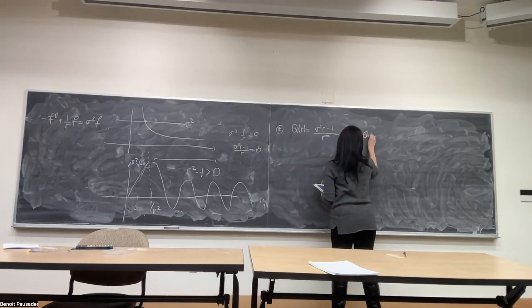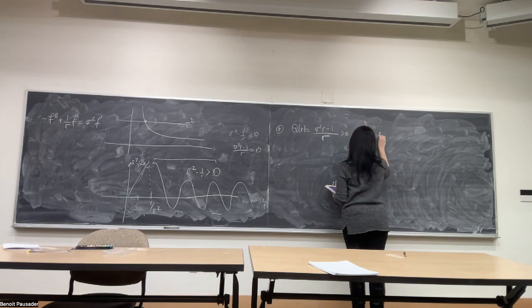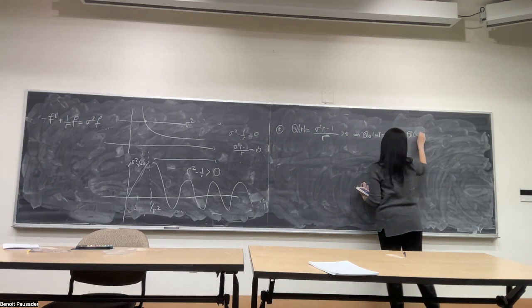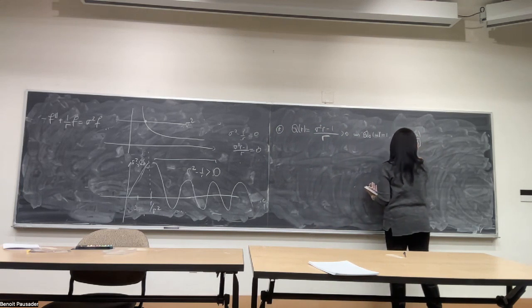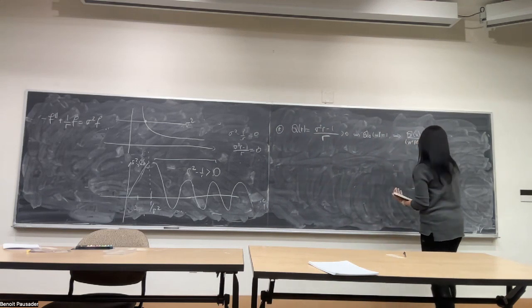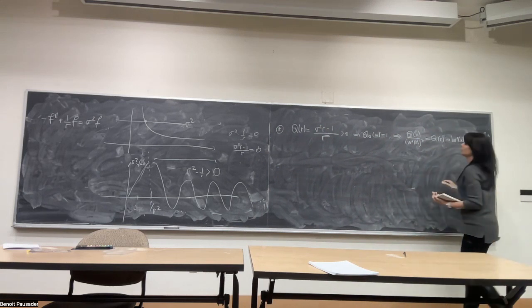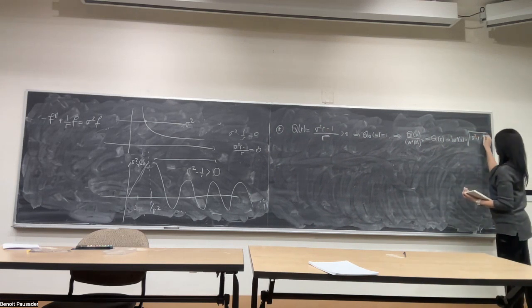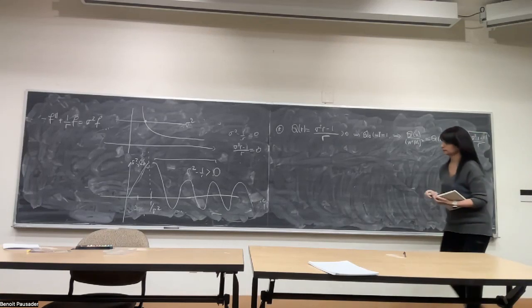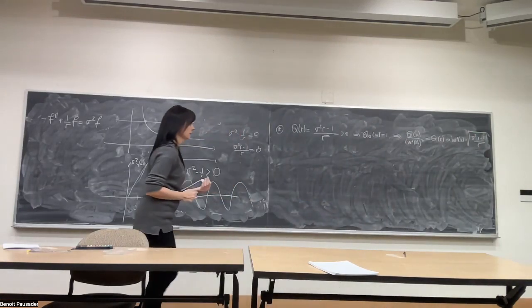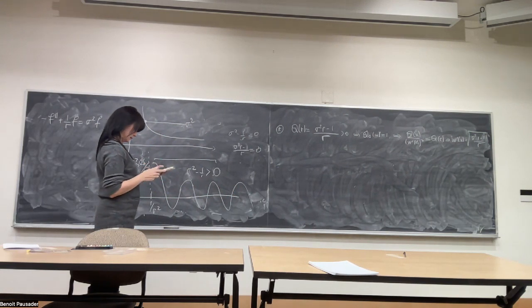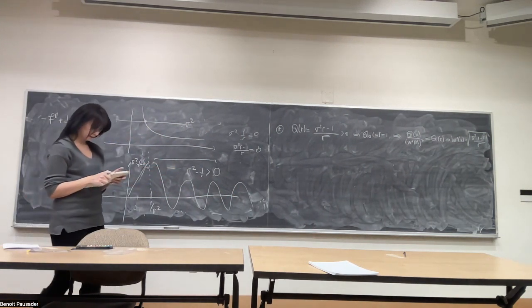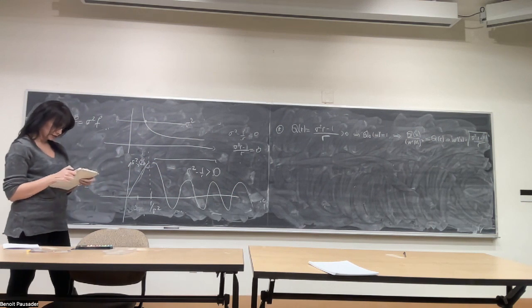So that's why my q0 will be 1, and hence q(x) over w prime of x squared will be 2r, will be root of... we have the calculations here just in case.